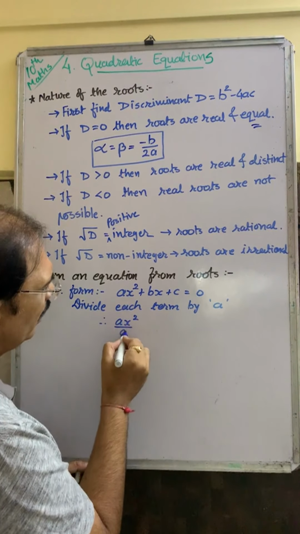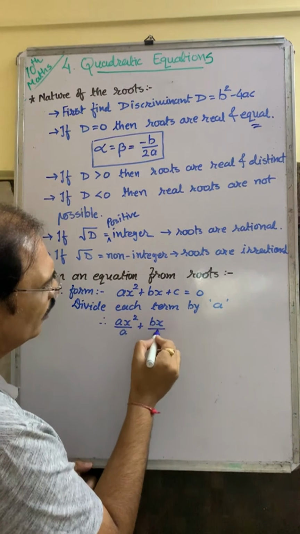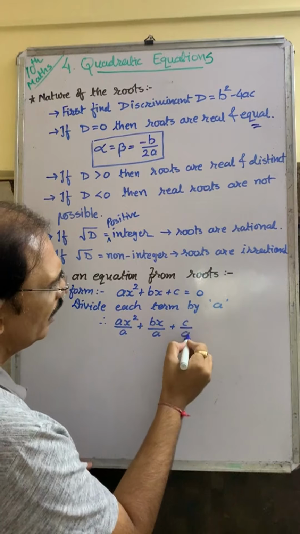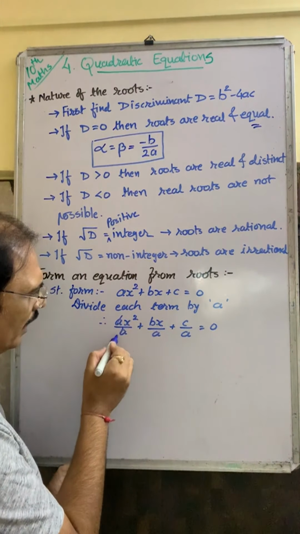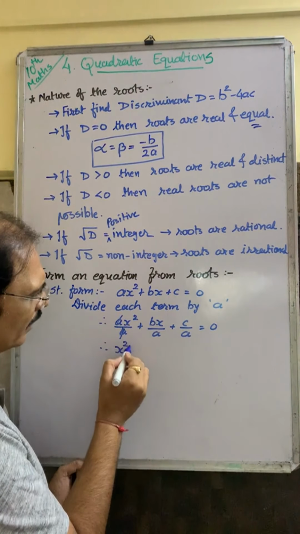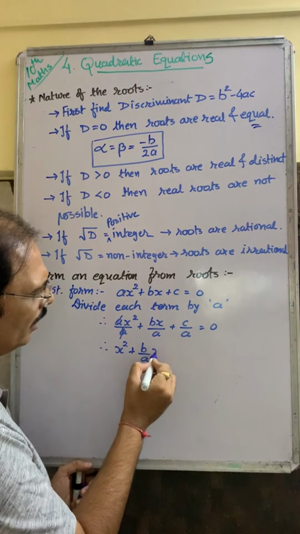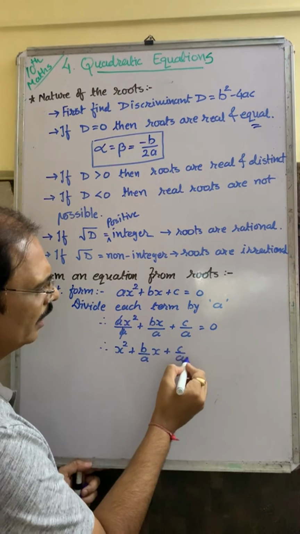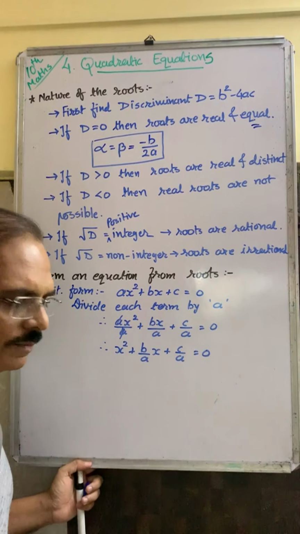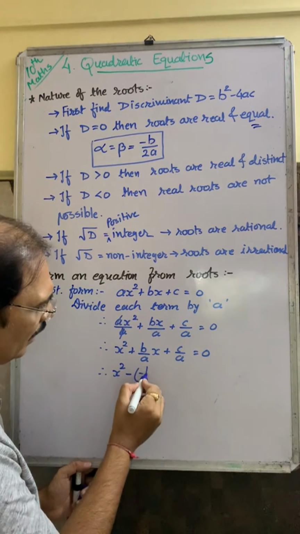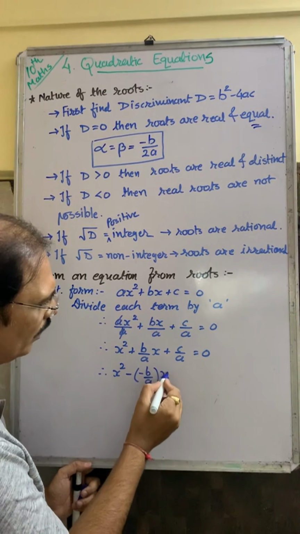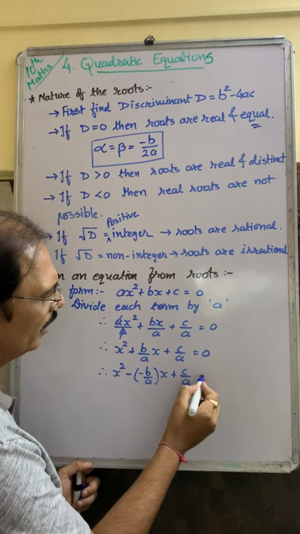Ax square upon a, bx upon a, c upon a, 0 divided by anything, 0. So a will be cancelled. Here it is x square, b upon a into x plus c upon a. Can I modify it like this? Plus means minus b upon a into x plus c upon a equal to 0.